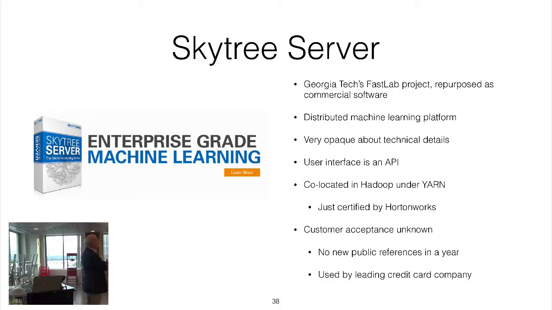So going forward, you should be able to implement this in Hadoop in an asymmetric architecture. Don't really know how many people are using this. They do have a few public references, and yeah, I use the Wayback Machine, and I check these things. They haven't actually added any public references in at least a year. But again, there are some people that are using this.